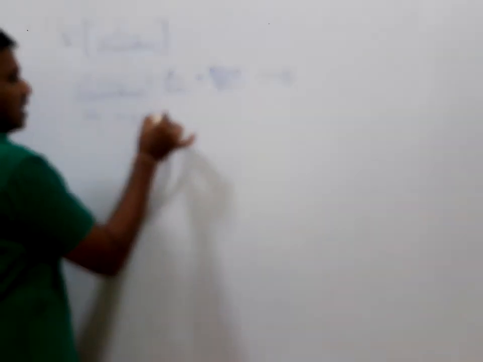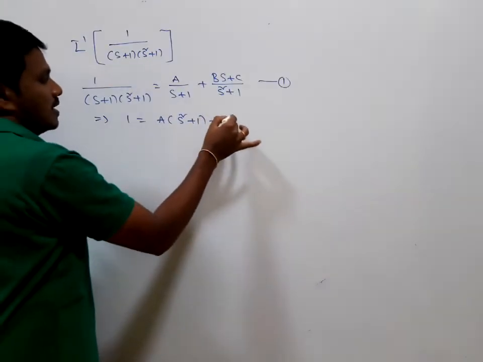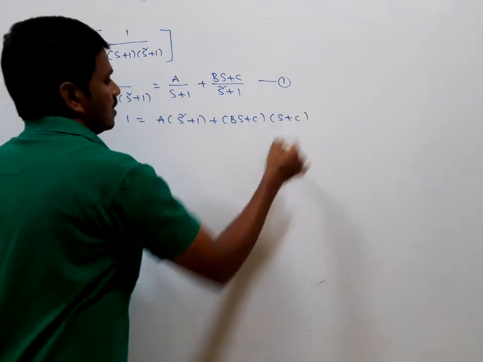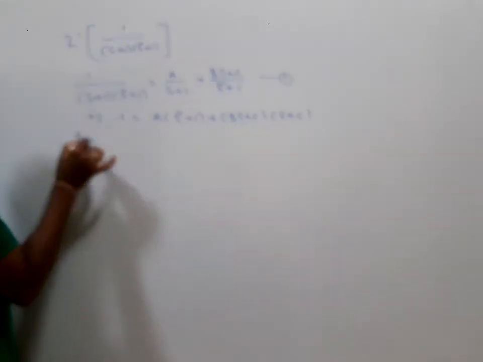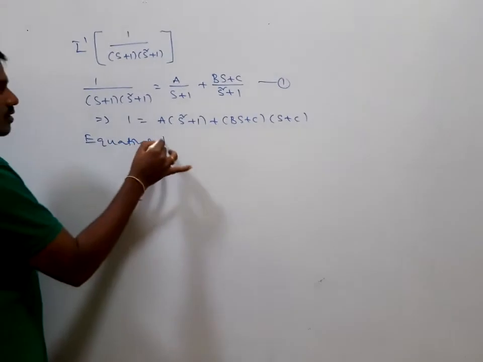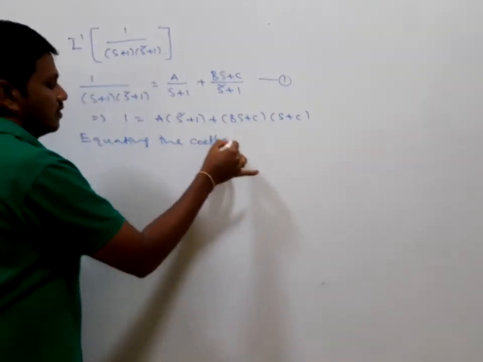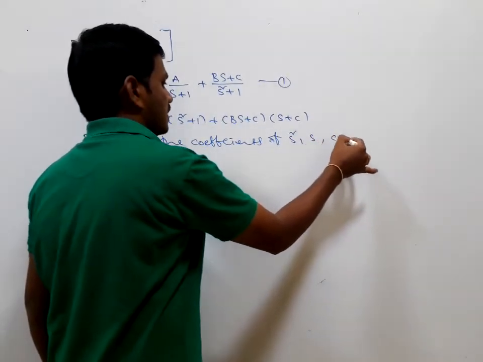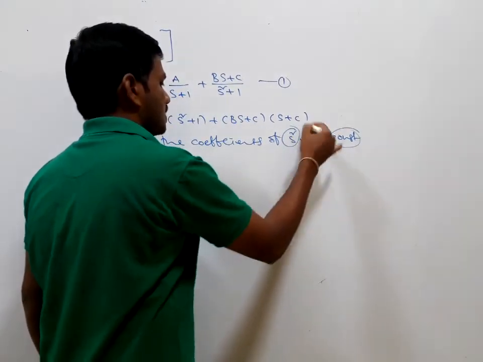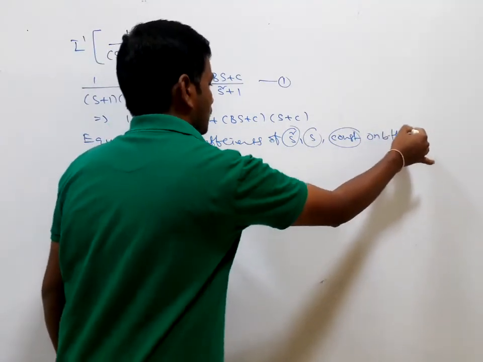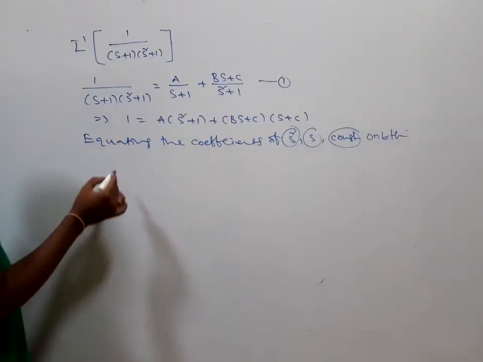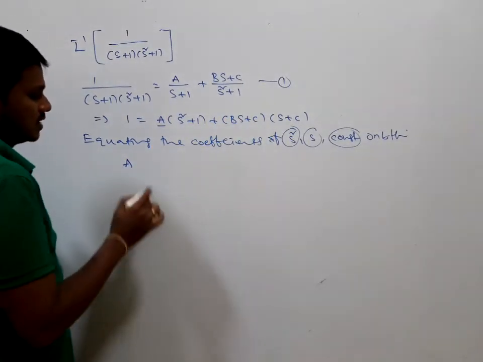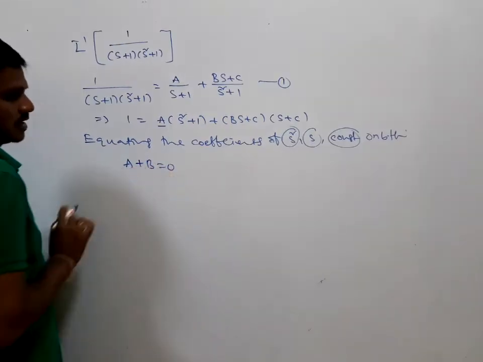1 is equal to a into s square plus 1 plus bs plus c into s plus 1. Now equating the coefficients of s square, s and the constant on both sides. The s square coefficient: on the left nothing is there, on the right it is a plus b, so a plus b is equal to 0, first equation.